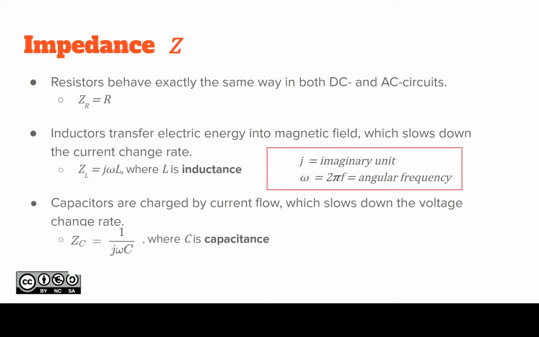So there's the ZC, which is the impedance of capacitance, 1 over J omega C. Nothing magic here. Again, C is the capacitance of the capacitor, and J omega is the imaginary unit times angular frequency. And we have again a nice tool to analyze any AC circuit.